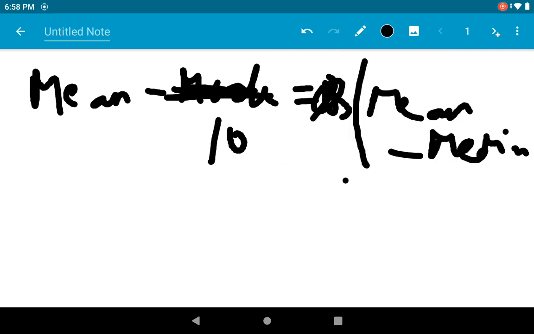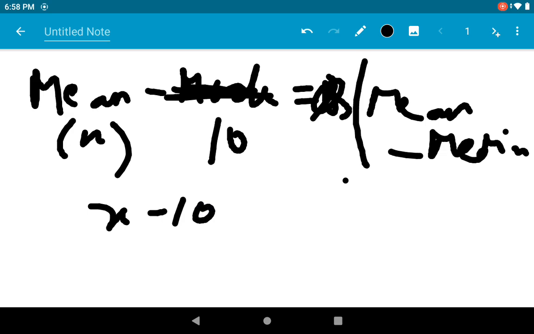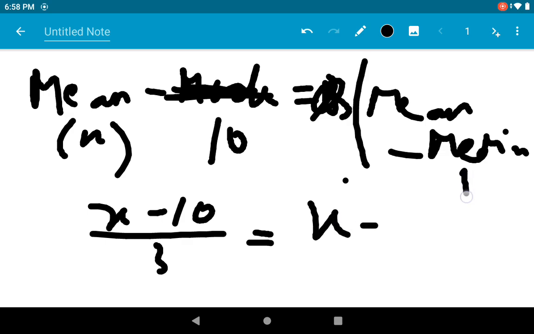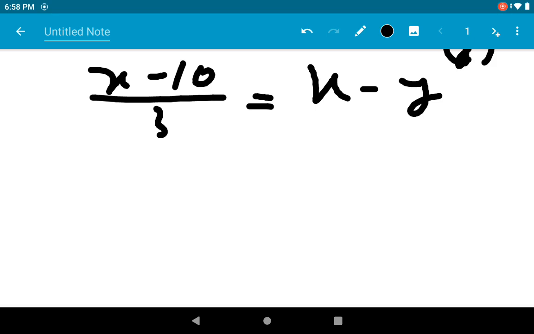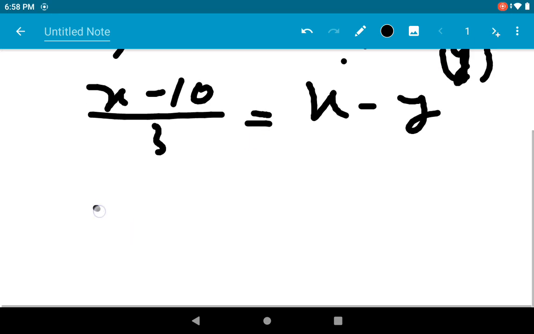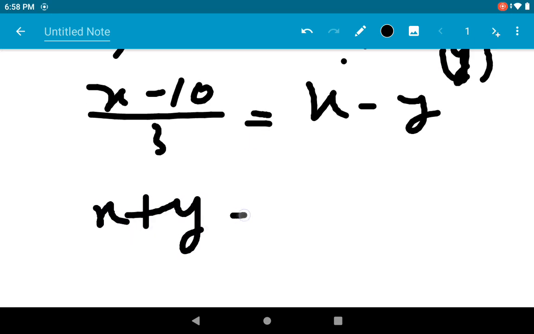So we can call the mean x. So (x minus 10) over 3 is going to be equal to mean minus median. Let me call the median y. And we're given that x plus y equals 25.